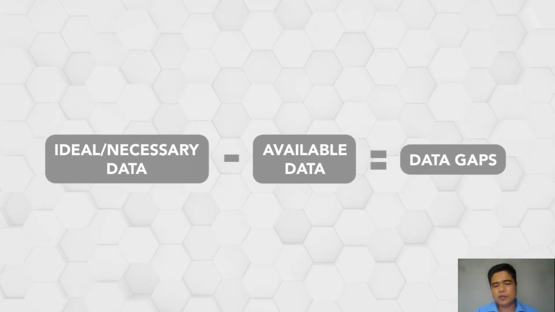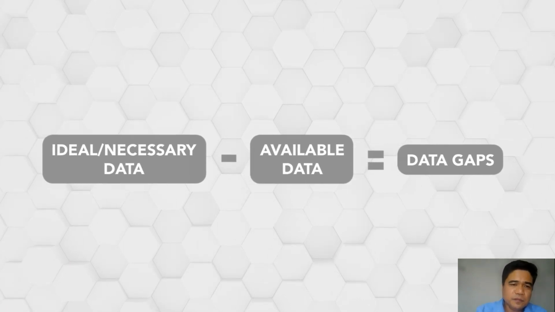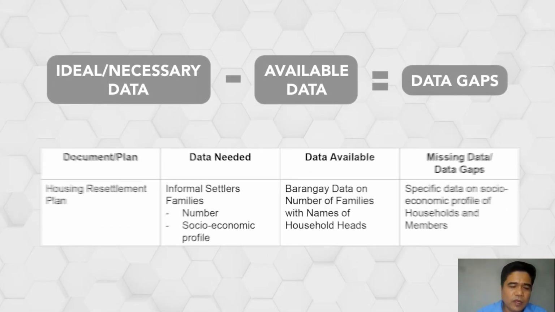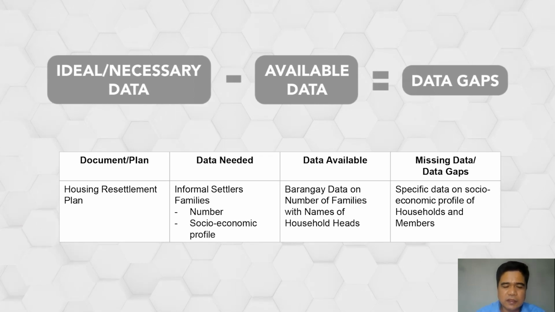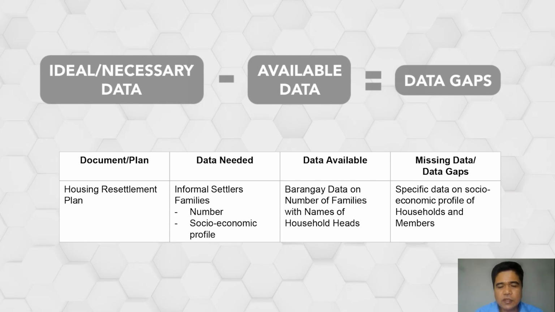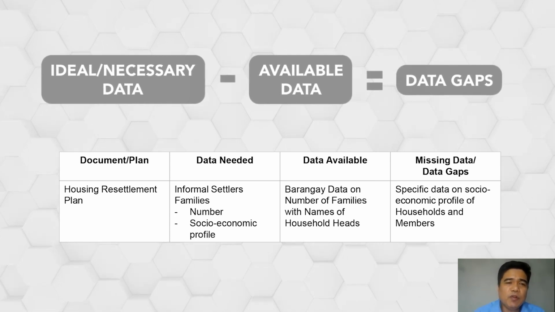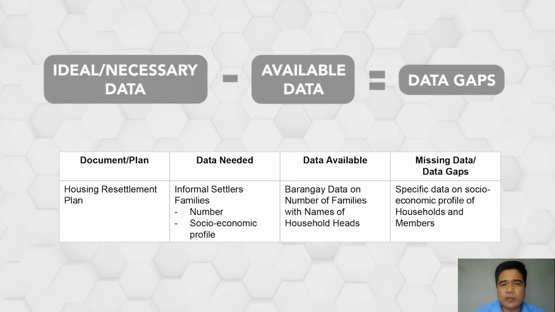For practical and expedient purpose, we first list the documents and plans that utilize such data or that the LGU needs to produce to be able to complete that document or plan.